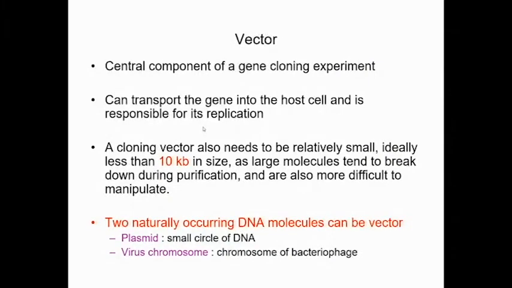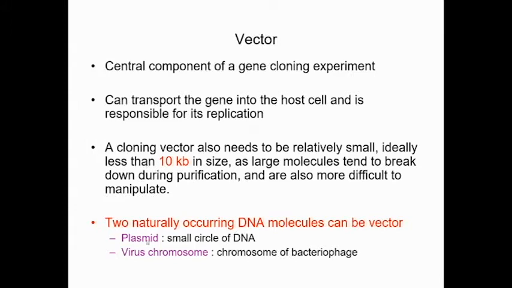So the vector is basically the central component of a gene cloning experiment. The cloning vector needs to be relatively small, ideally less than 10 kilobase in size. There are two naturally occurring DNA molecules that can be vectors.